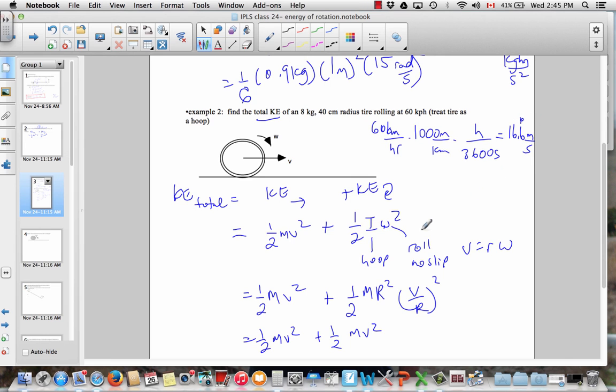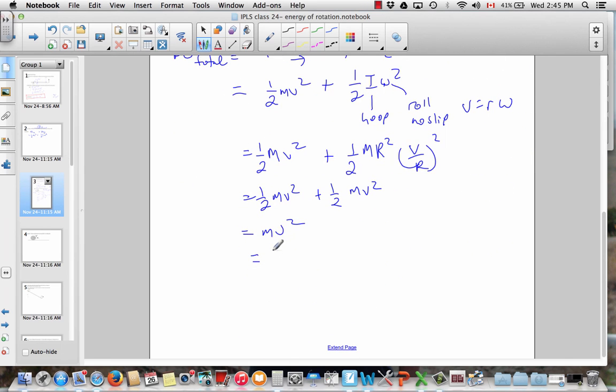Now we can substitute in the 8 kilograms of tire mass and the 16.6 repeating meters per second of speed, and then we can work out what the kinetic energy is. Again, it'll be in joules. And that's the total kinetic energy of that rolling object.